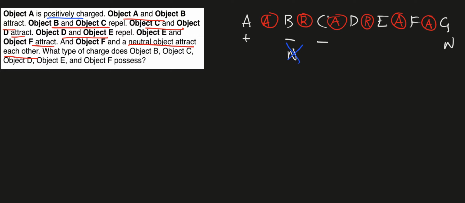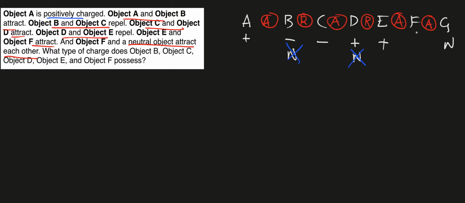With attraction, C attracts to D, so again, it can be positive or it can be neutral, because positive and negative will attract, neutral and negative will attract. Now, that's not going to be either in this case anymore because this repels. So plus or minus, but then it repels with E, so this has to be plus because the same signs will repel. And so this goes away.